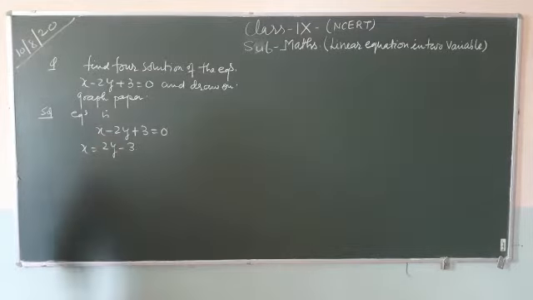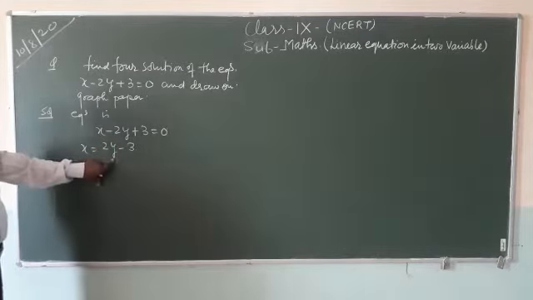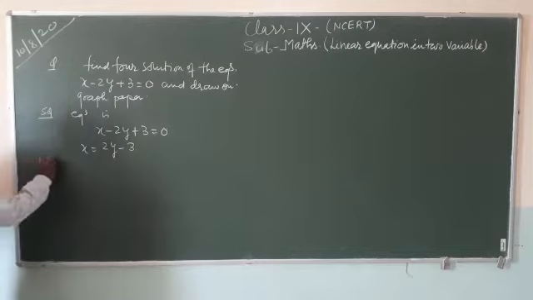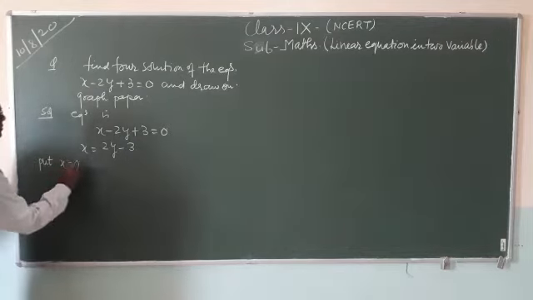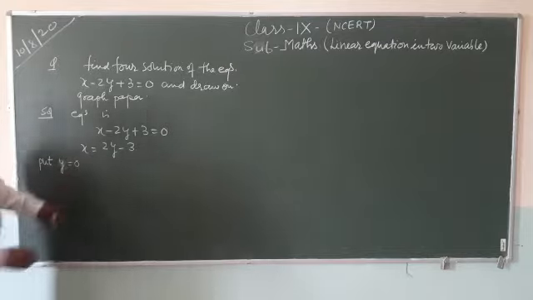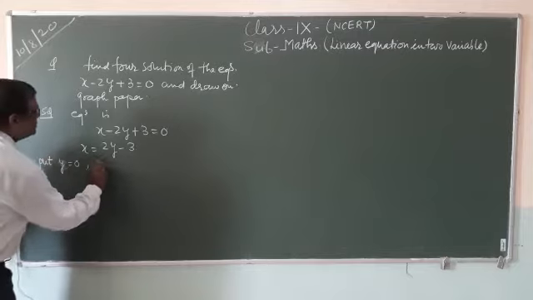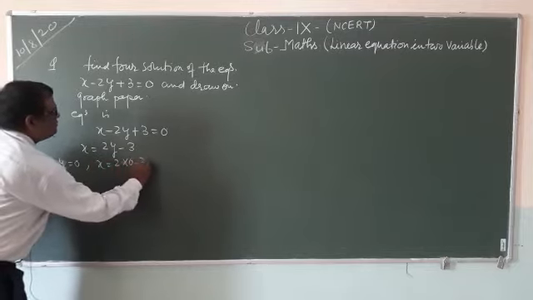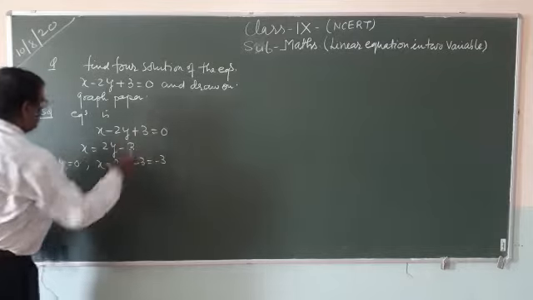Now we have to put values of y and find the value of x. First put y is equal to 0, therefore x is equal to 2 into 0 minus 3, that is minus 3.